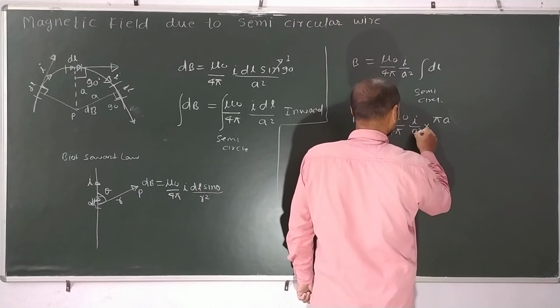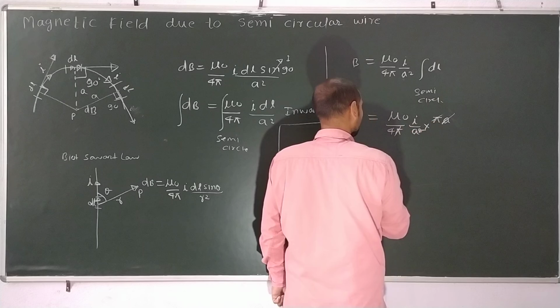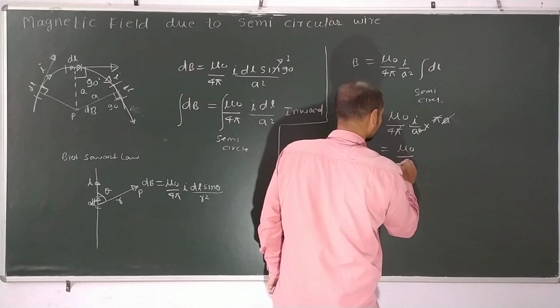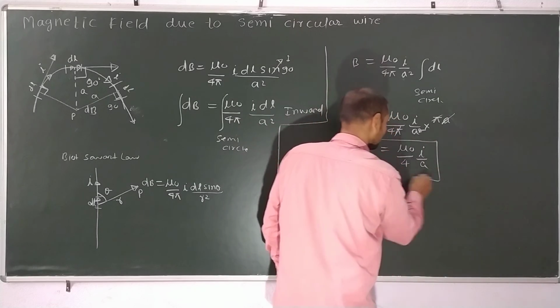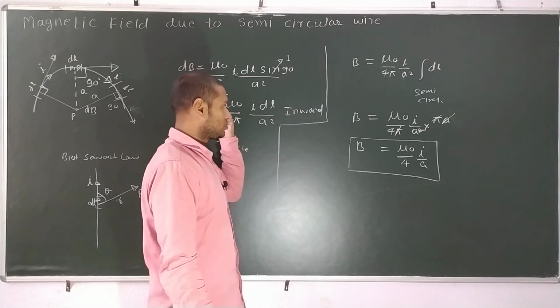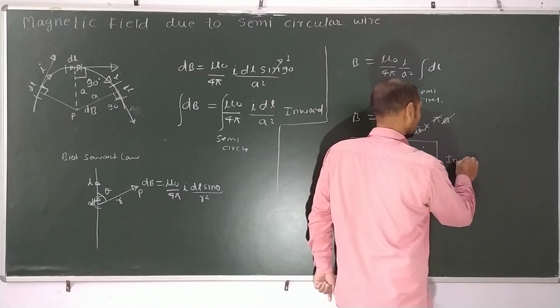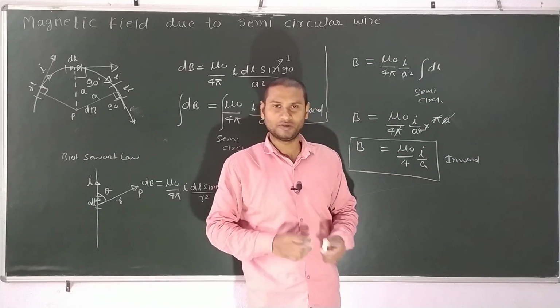The a square cancels out, the pi also cancels out, and B becomes mu naught I upon 4 a. This is the magnitude of the magnetic field at the center of the semicircular wire, and it is inward in direction. I think you are able to follow me. Thank you very much.